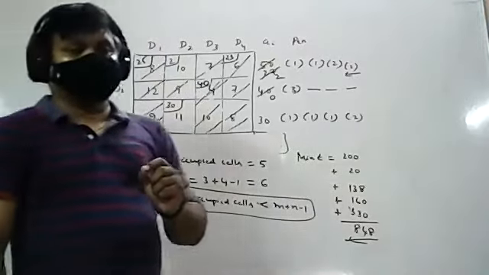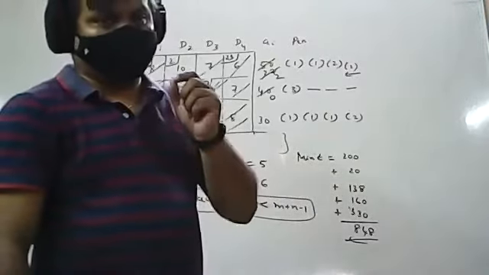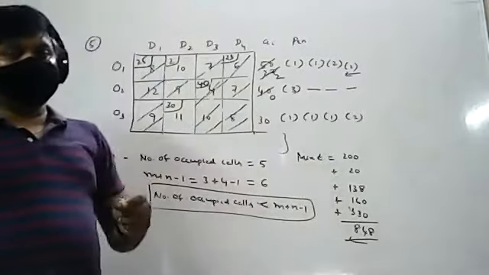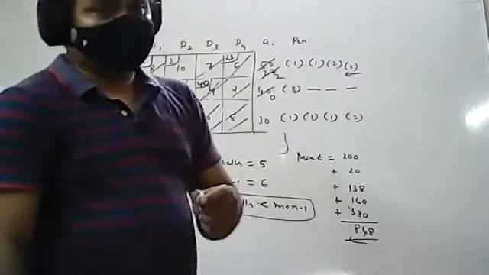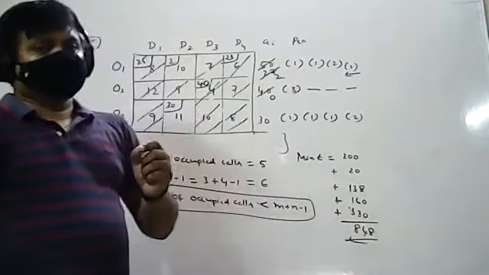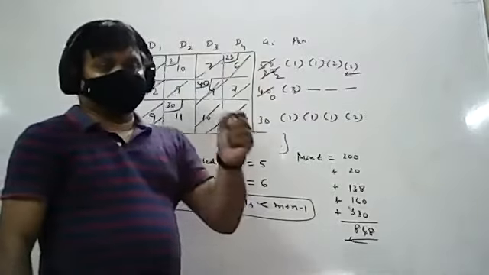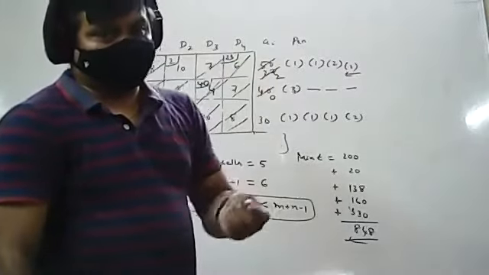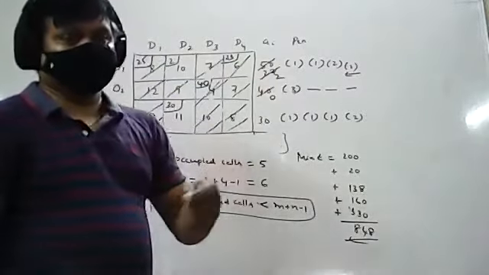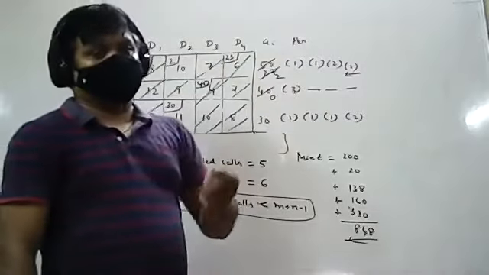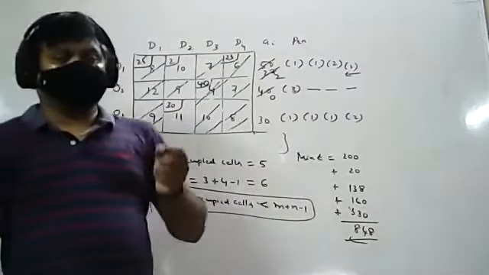Generally you will identify the minimum element from all the uncovered elements. If the minimum elements are equal, you can choose any one. If a solution does not exist, you can go for the next minimum. Like that, you have to identify a suitable independent position.